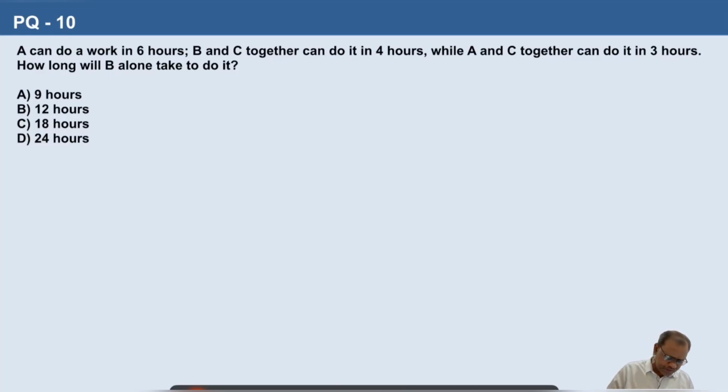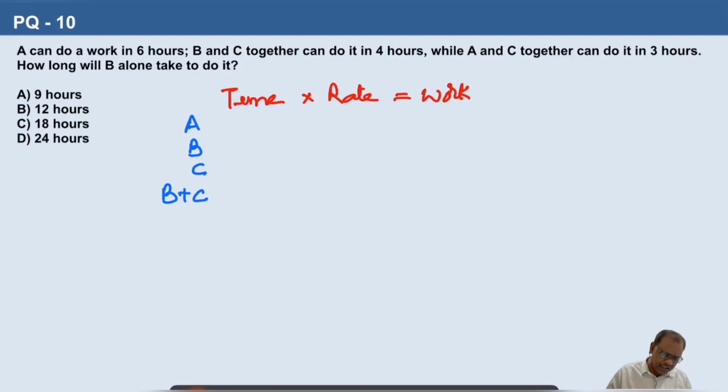So let us use the same formula: time into rate is equals to work. So we have A, B, C, B plus C and A plus C.